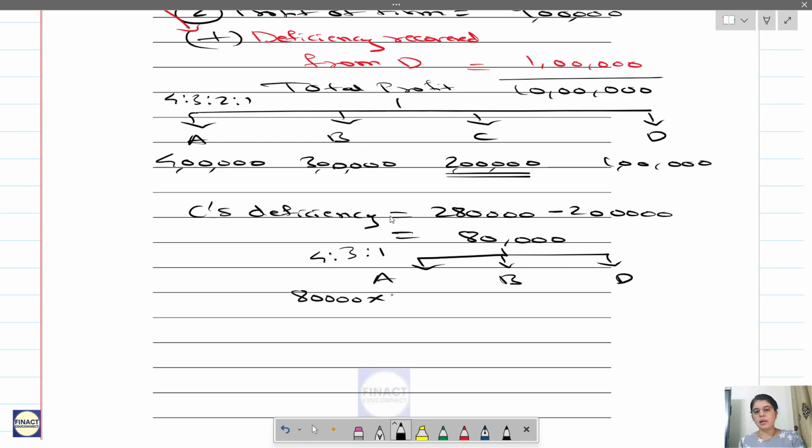So how much will A bear? 80,000 into 4 by 8. Remember, here we will not take denominator as 10 because we have excluded C. We will just take whatever is the profit sharing ratio among remaining partners. This is important. PSR among remaining partners.